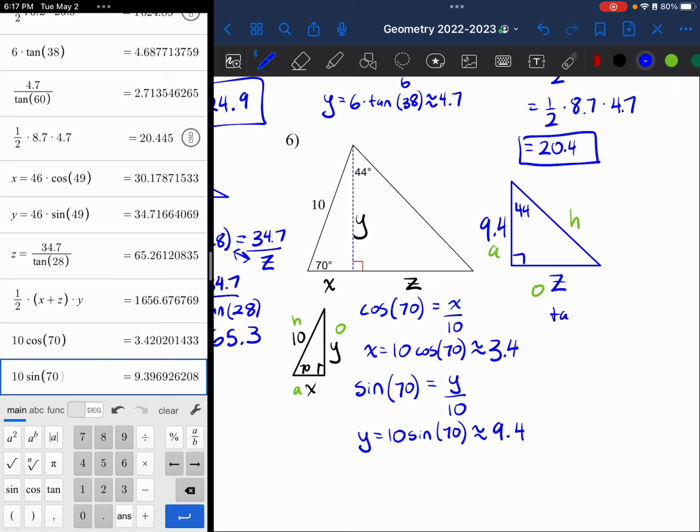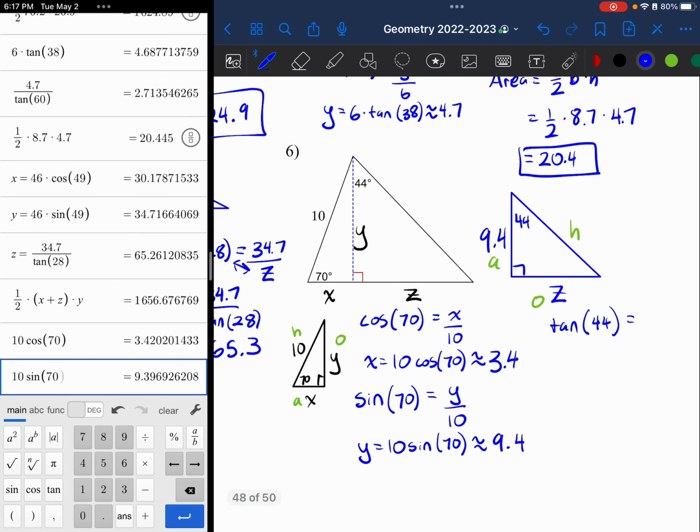So we're taking tangent of the angle of 44, and that's going to be equal to O over A, that's going to be Z over 9.4. Multiply both sides by 9.4, and you get Z is equal to tangent of 44 times 9.4. I don't know why I didn't write the 9.4.